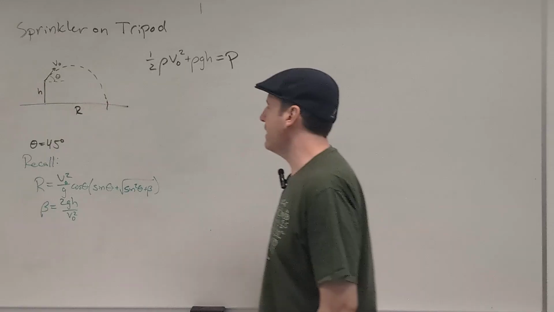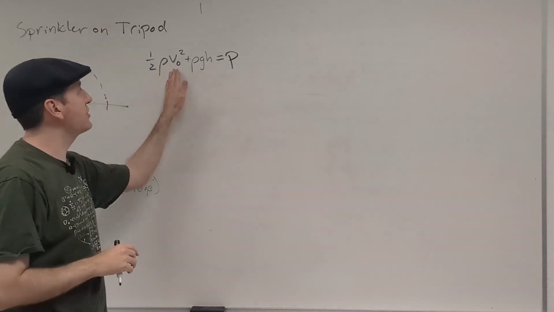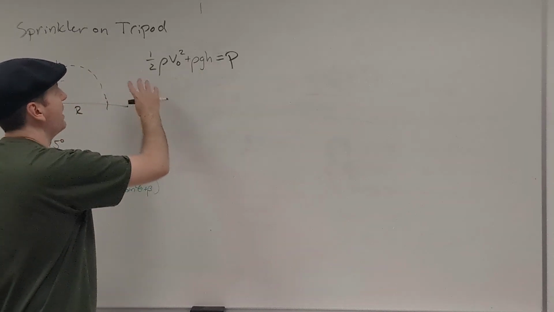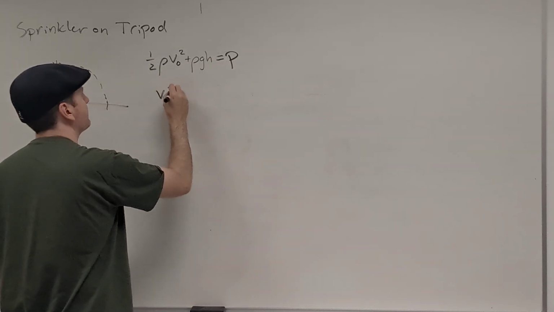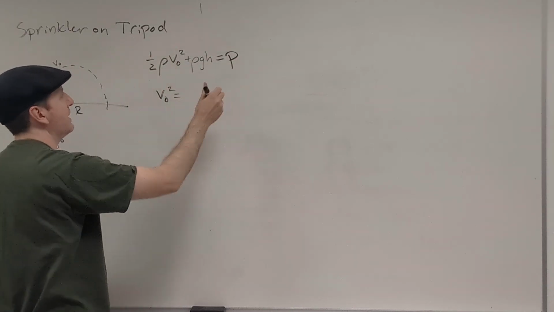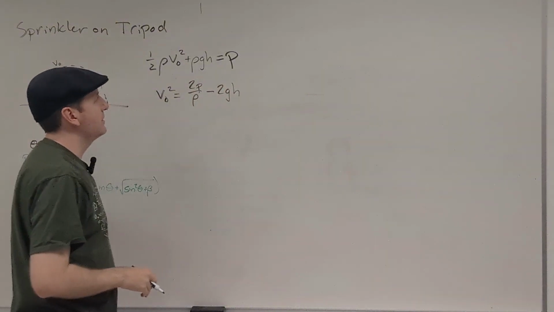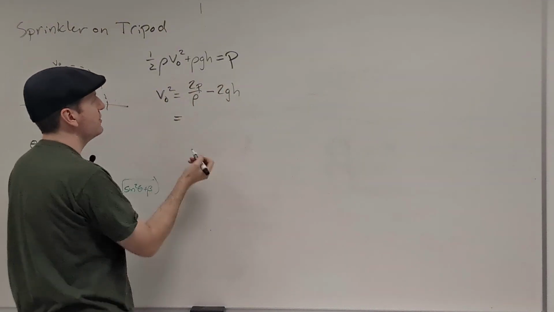Okay, so let's see how we might work this out. I'm going to write down what v naught squared is in terms of h and P by solving for it. Okay, so I'll subtract this over, and then I'll multiply by 2 and divide by rho. Okay, I'm also going to introduce a new variable.